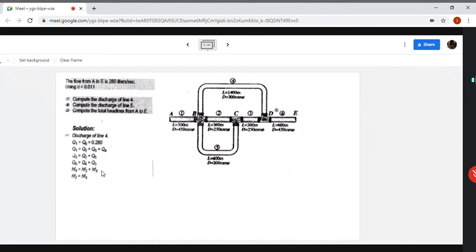We get the discharge through the head losses. So we know that head loss 4 is equal to head loss 2 plus head loss 3, and head loss 2 is equal to head loss 5.